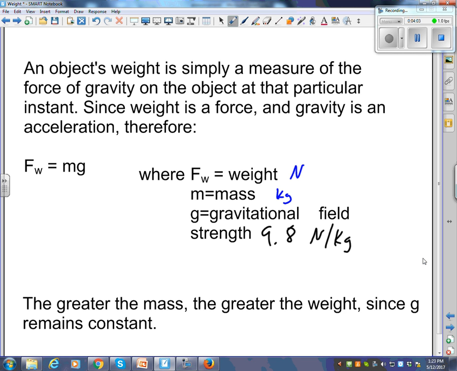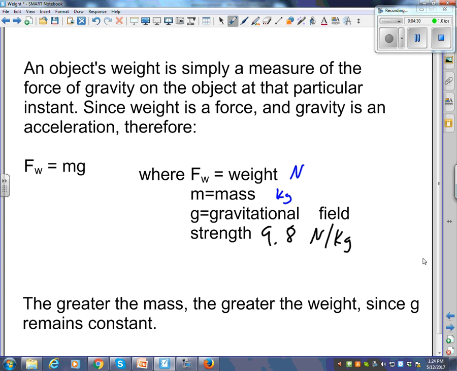It used to say 800, now it says 860, because I got more mass. The greater the mass, the greater the weight. When you go on a diet, you're trying to lose mass, really. The greater the mass, the greater the weight, since g remains constant.